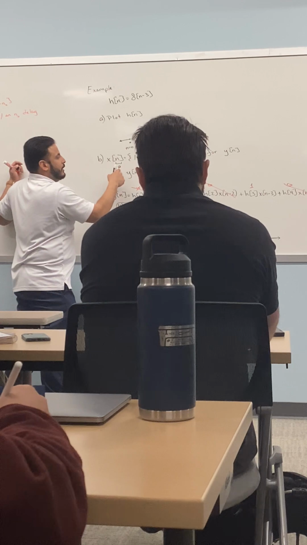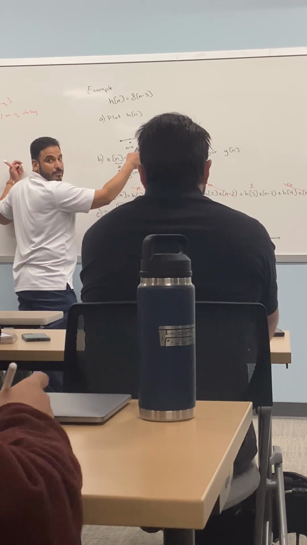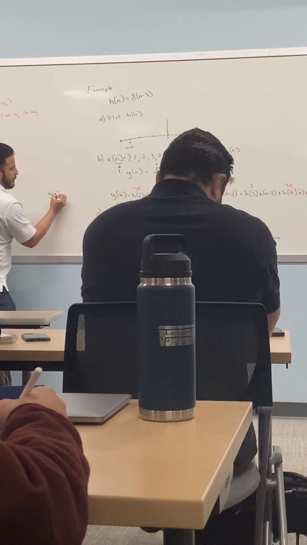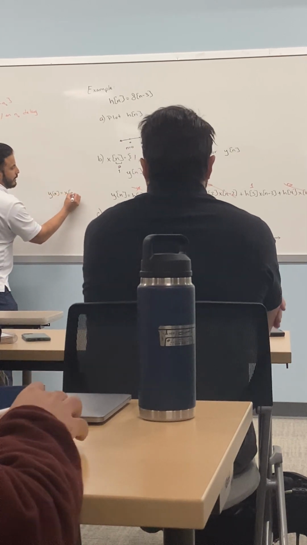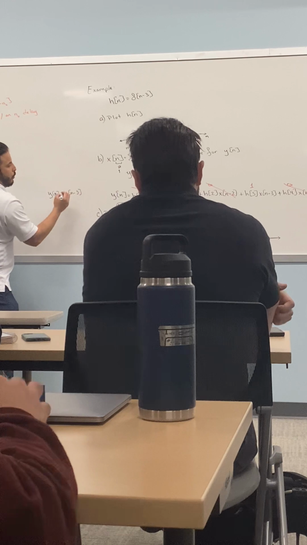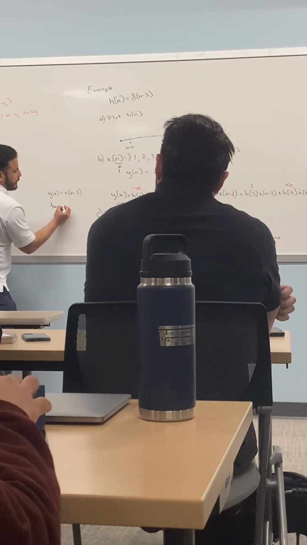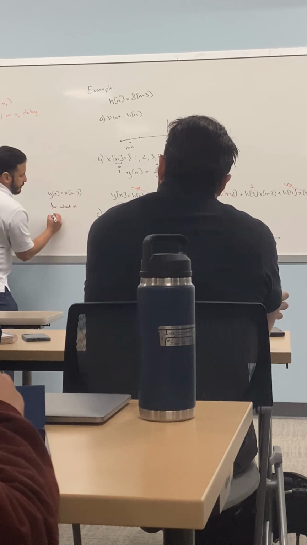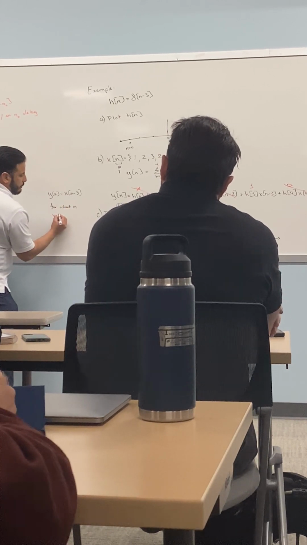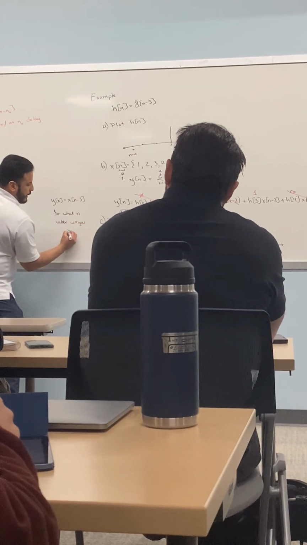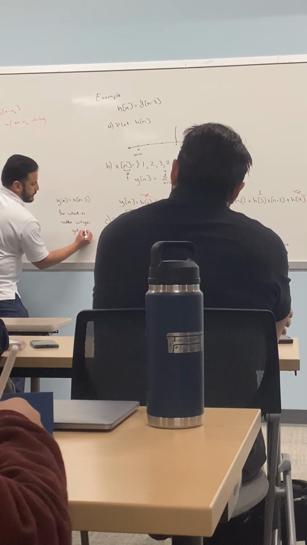When whatever inside equals 1, then it's 2, and so forth. So if y of n equals x of n minus 3, for what n value will you get x of 0?